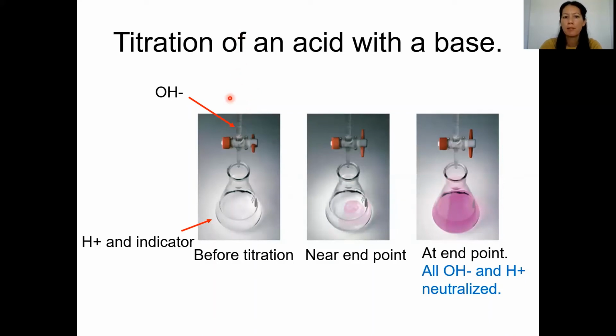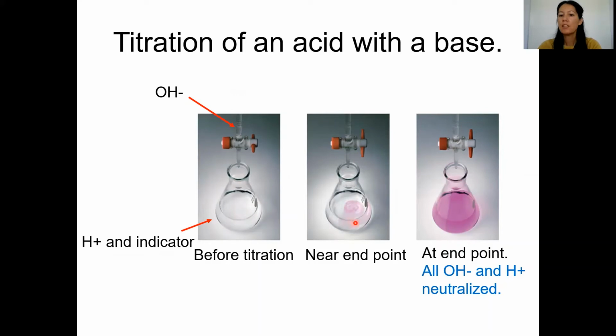And here's my base, I'm just showing it as OH minus. And in here in the Erlenmeyer is our acid. I'm showing H plus being present, and my dye, my indicator. Before the titration starts, it's colorless. As you start adding base, and we know the concentration of this, and we're going to record the volume that we add, you're going to react with all the acid in here.